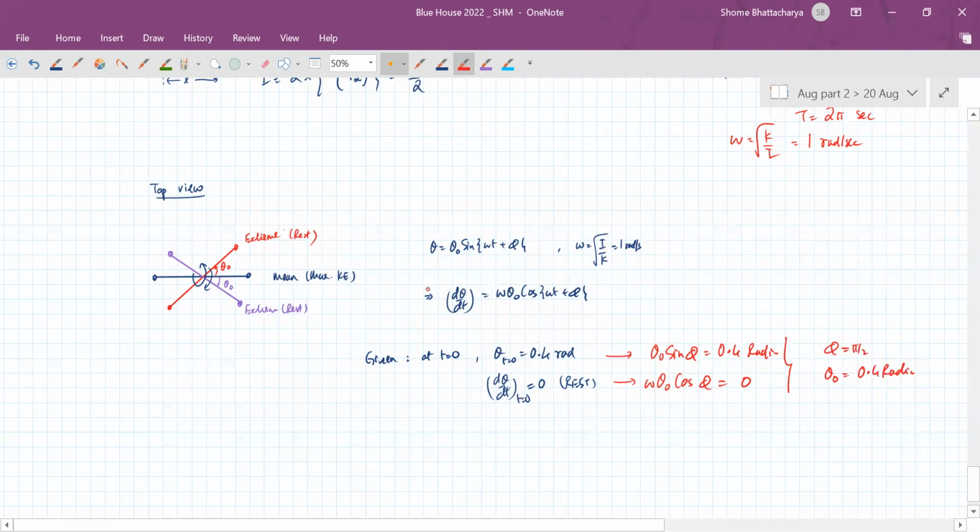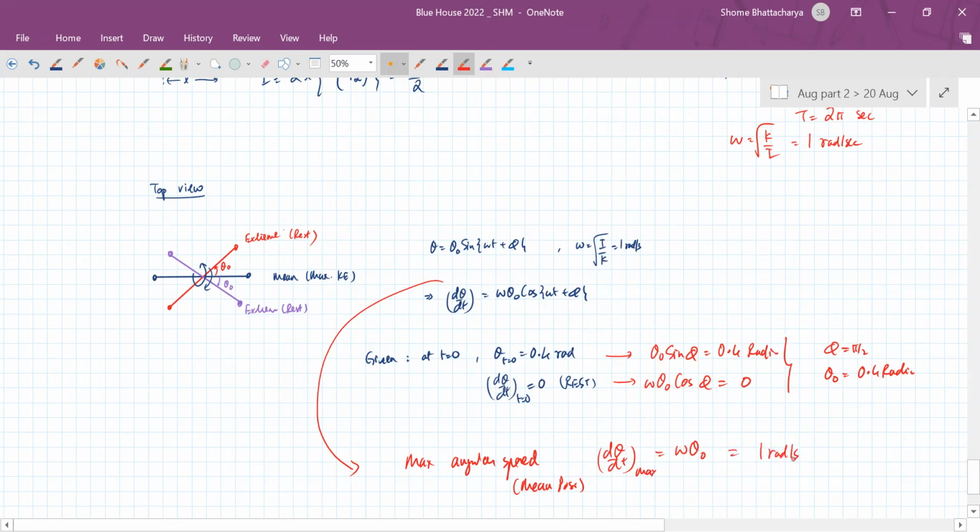Now again from this, you can see that the maximum angular speed at the mean position is equal to omega into theta naught. So that in this case is 1 radian per second into 0.4 radians.